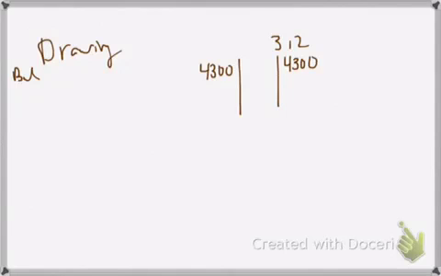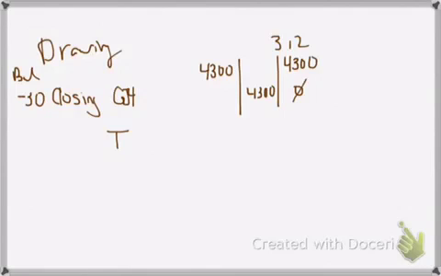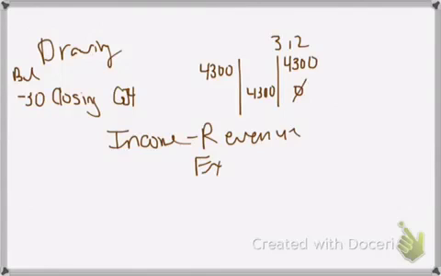Then when I do this journal entry on the 30th, I would put closing GJ4, because that's a page number, and then this would be a credit, and so then I would zero out. And that's really all of your income accounts, I mean your revenue accounts, your expense accounts, and your drawing account.